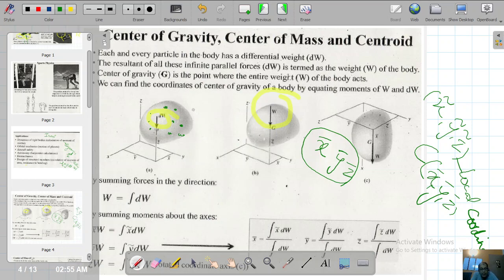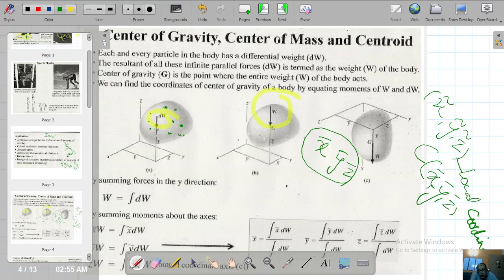And we want, not dW1, dW2, but the total weight of the body, which is W, and which must be acting at the centroid. If you look at these axes x, y, and z, the weight dW is acting along the z tilde axis.